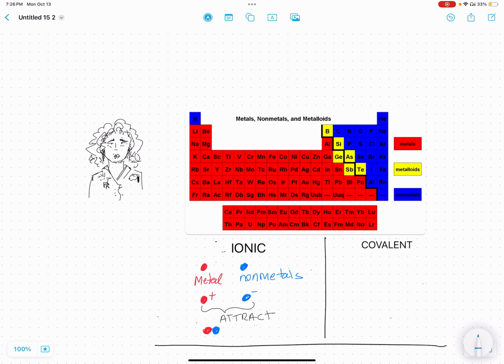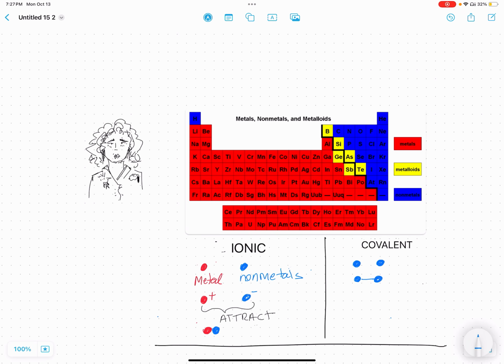Covalent bonding happens between nonmetals. So you have two nonmetals, and because they have similar electronegativity, there's no way of one pulling the electron from the other one. So instead, they share those electrons.